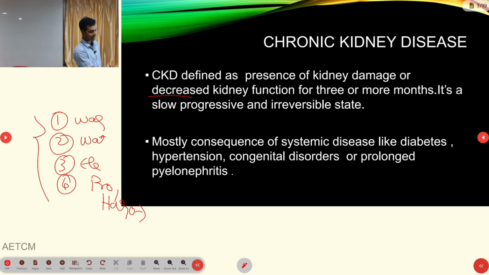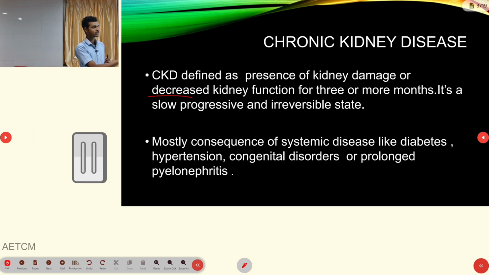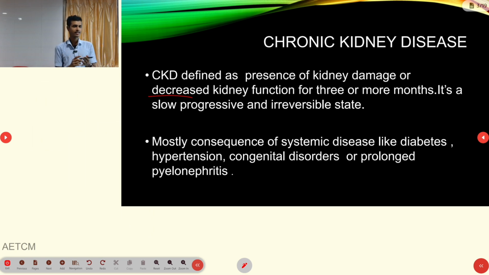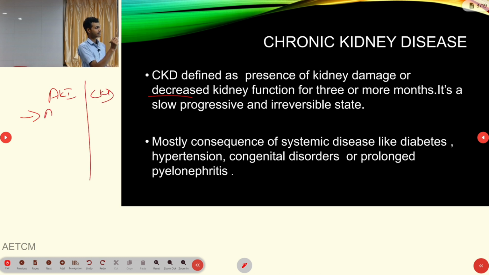How can we correlate AKI with CKD? So, the correlation between AKI and CKD. AKI, we said, develops suddenly, an abrupt development, so kidney function reduces suddenly. But CKD will take time. We said it persists for 3 or more months.